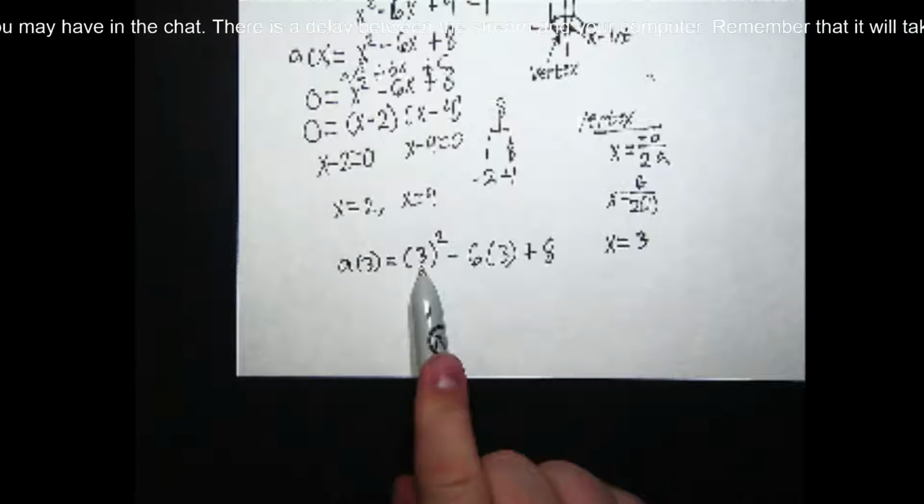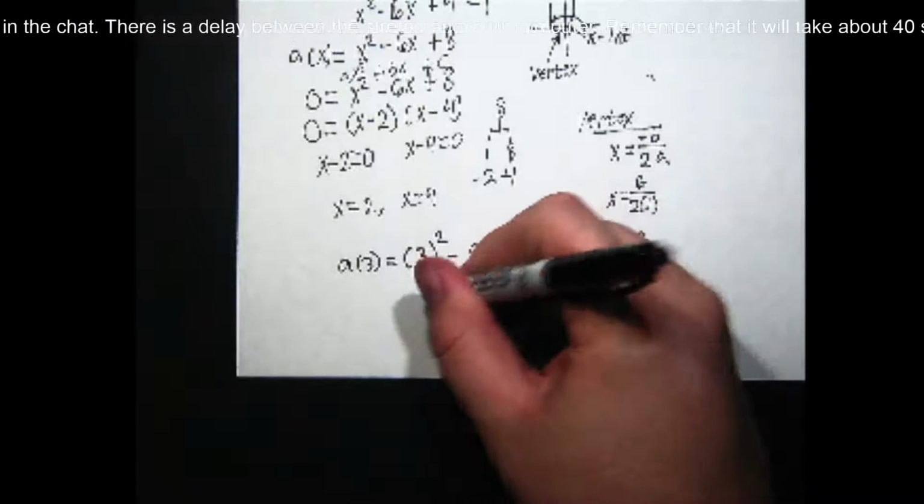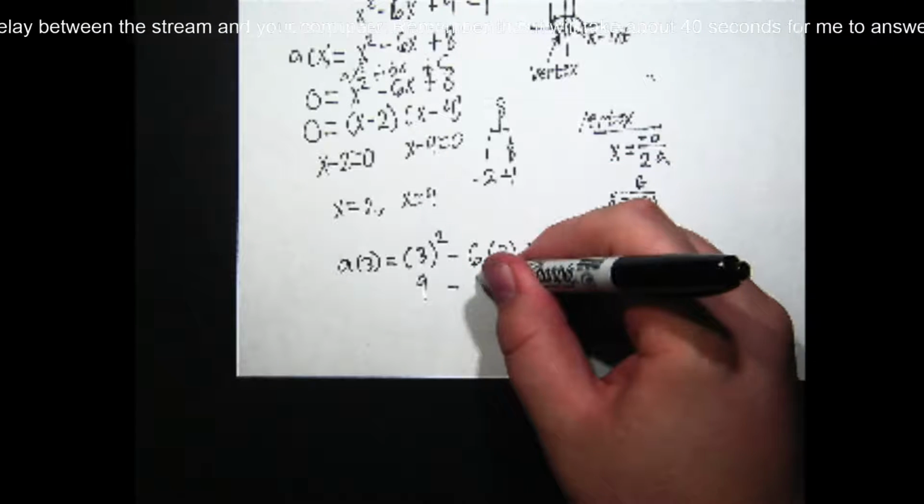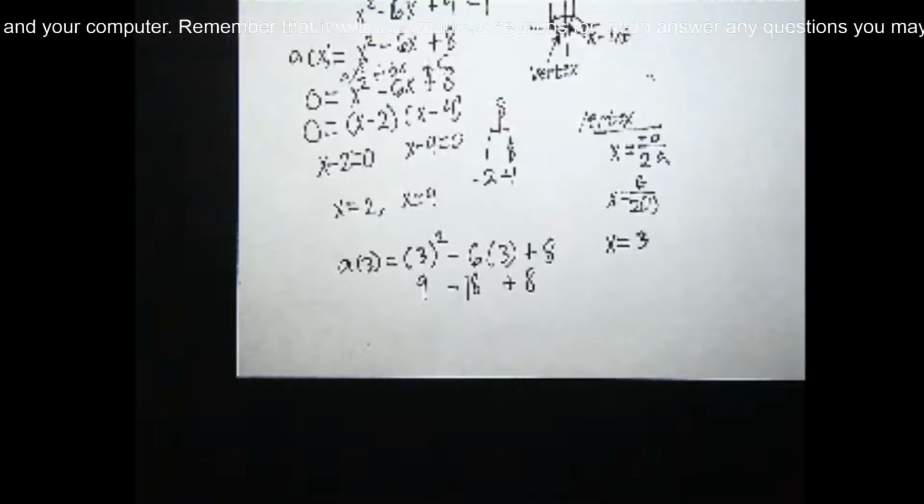Okay? So let's simplify this and figure out what it is. 3 squared, of course, is 9. 6 times 3 is 18. Drop the plus 8 down.